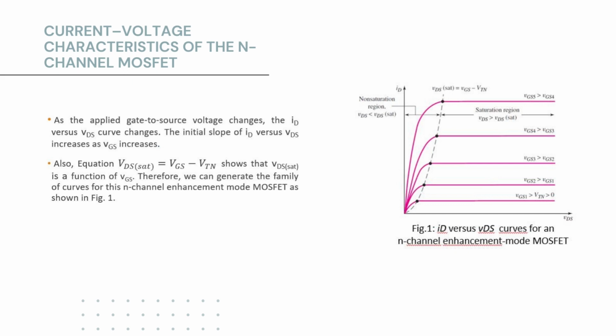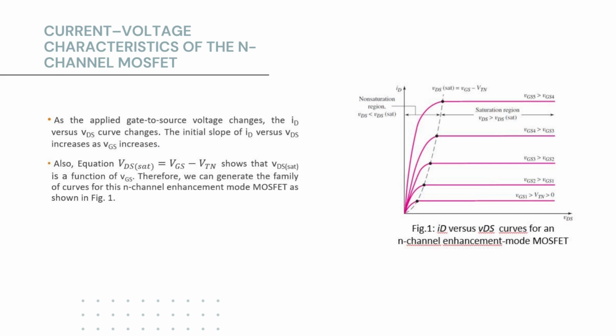Here we can see our drain current was increasing linearly, and then at the point where the saturation voltage is achieved, the drain current becomes a straight line. There is no variation in the drain current.